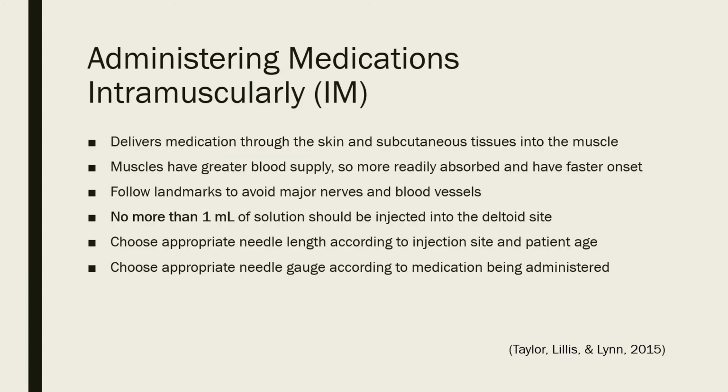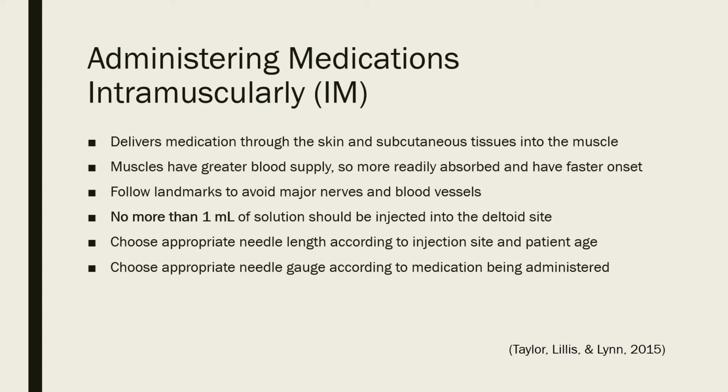So giving medications intramuscularly, or IM, gives a little bit faster absorption than the subcutaneous medications. So it goes into the muscle. They have a greater blood supply, so it's more readily absorbed and has a faster onset than subcutaneous. Not as fast as intravenous, but faster than subcutaneous.